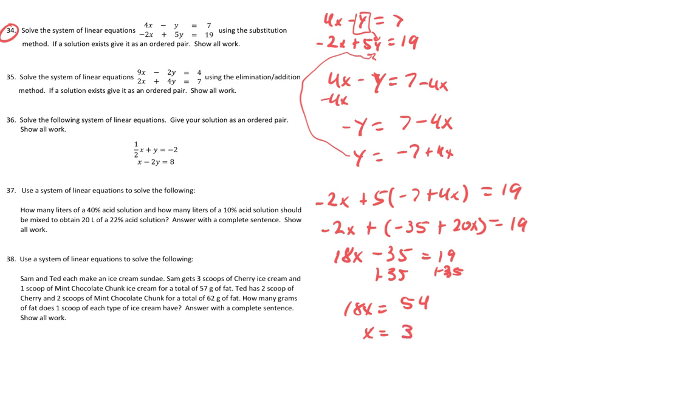Plug that back into this guy to get our ordered pair. Should give us y equals 5. So we should list it as an ordered pair, (3, 5).